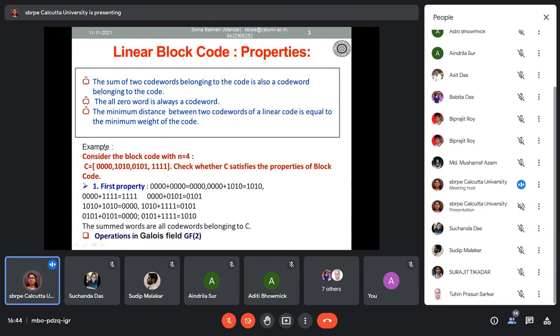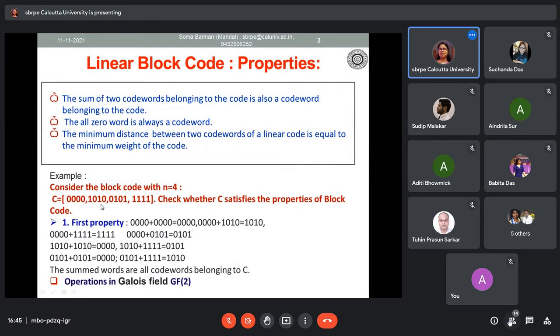Now if I check the first property, we have to add this code word with this code word.